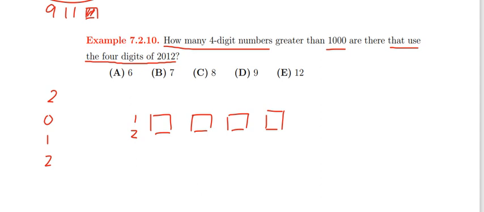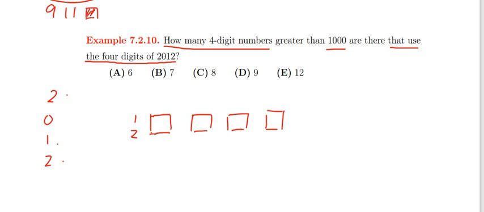Because we have two 2s, we cannot treat them the same. We have only one digit 1, but for the digit 2, we have two of them. So maybe we should consider this differently.